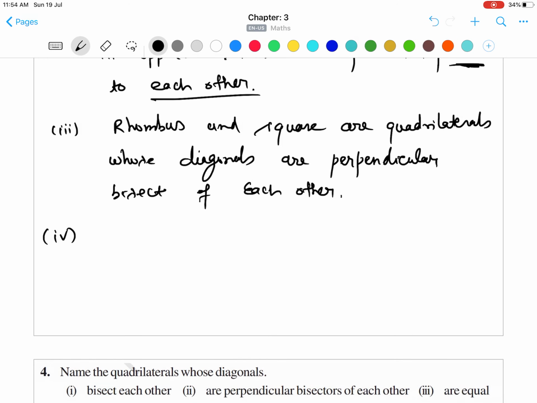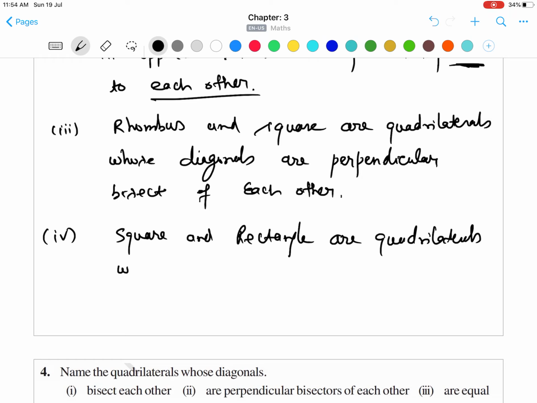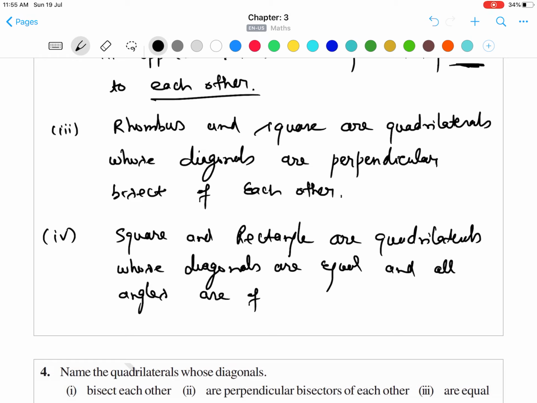So all right, square and rectangle are quadrilaterals whose diagonals are equal and all angles are of 90 degrees.